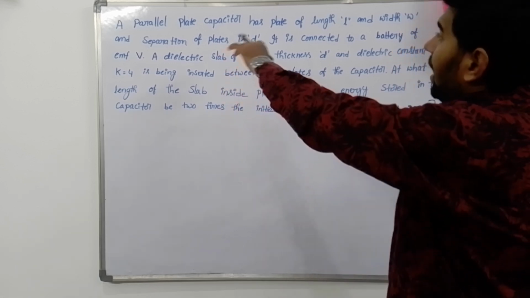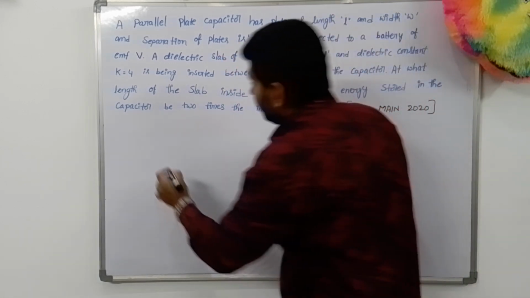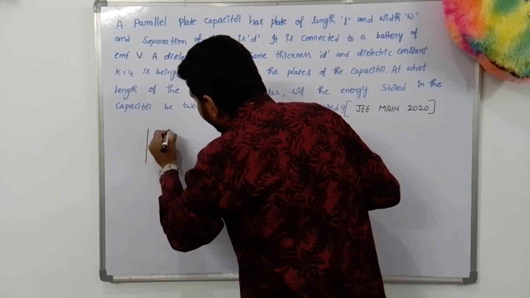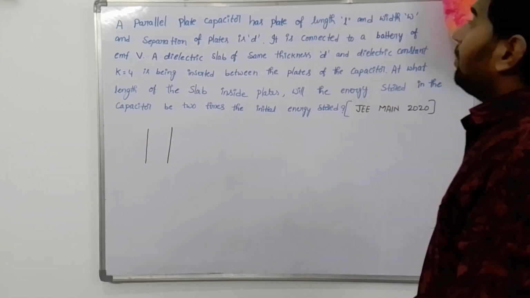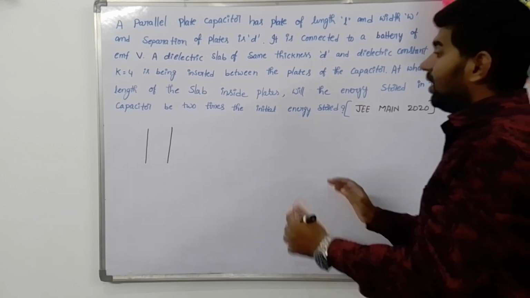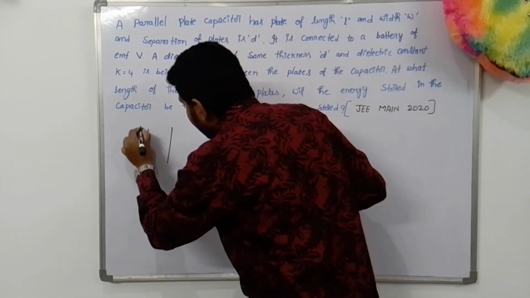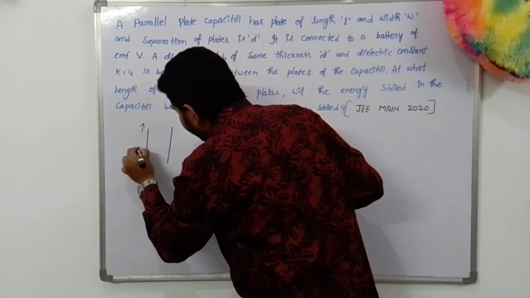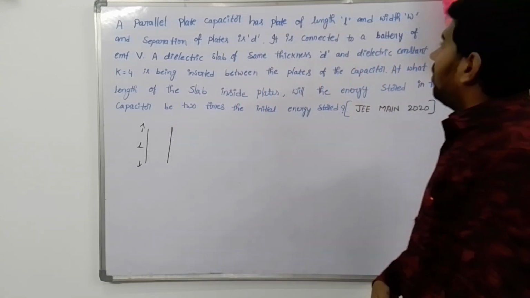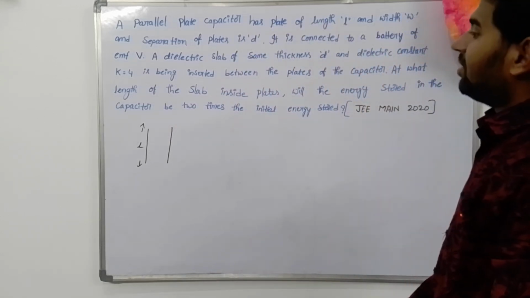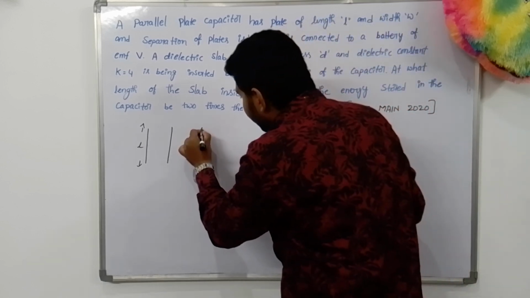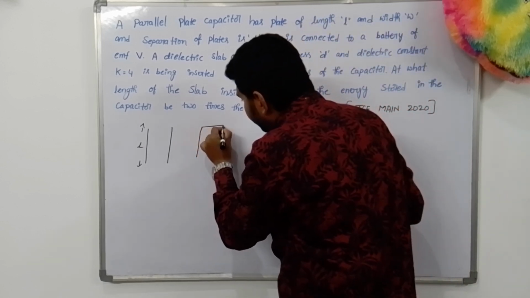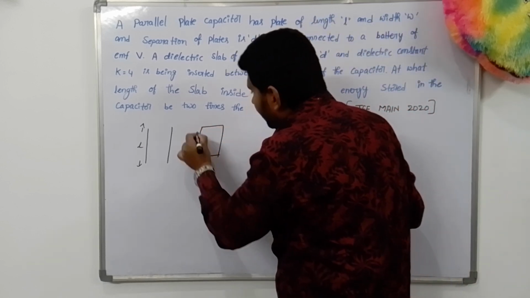First you have to take a parallel plate capacitor. This is the parallel plate capacitor. The parallel plate capacitor has plates of length L, each plate of length L already given, and width W. See, these are the parallel plates. If you see the side view of these plates, I will draw the side view of this plate.